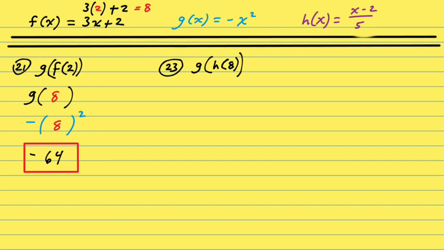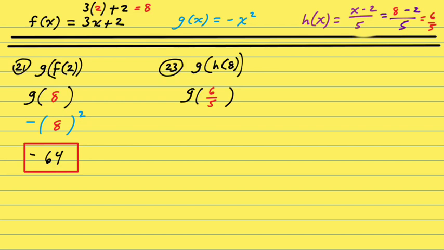How about g of h of 8? I need to now find what h of 8 is. If you put an 8 into the h function, that would be something minus 2 over 5. If I put in an 8, that would be what? 6 over 5? So I need h of 8 is 6 over 5.